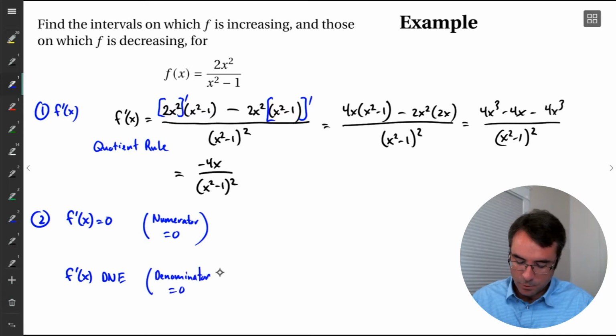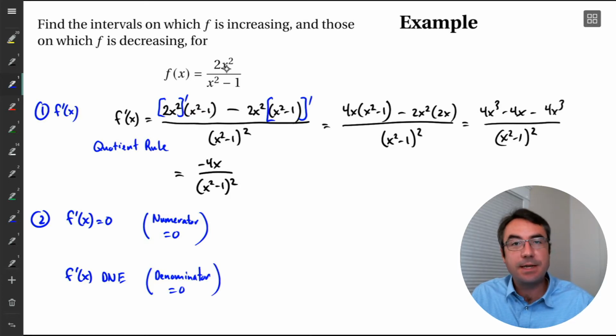So that's kind of why quotient rule is helpful here. There's other ways to differentiate this, but quotient rule gives us the fraction in a format that's going to be easier to work with, something that's almost immediately usable.